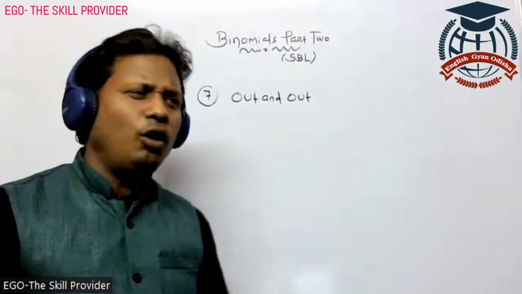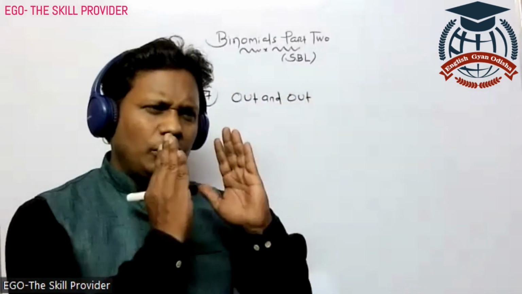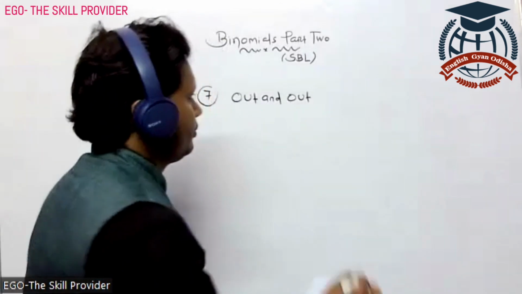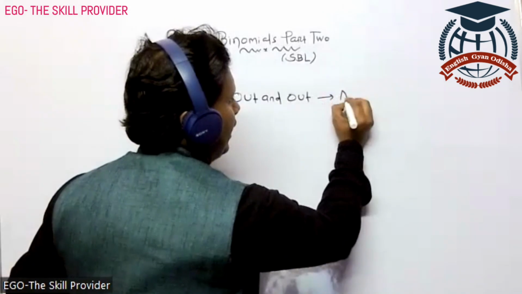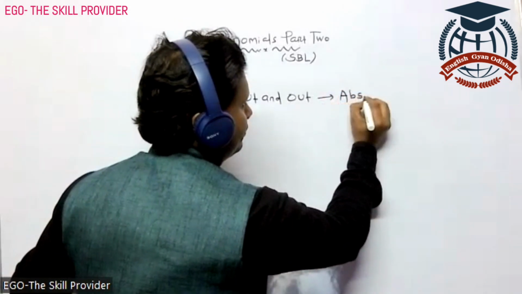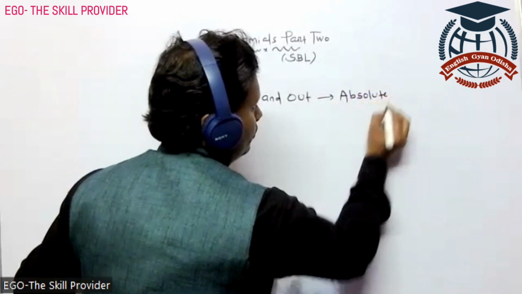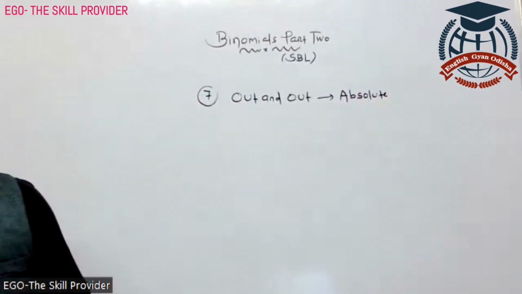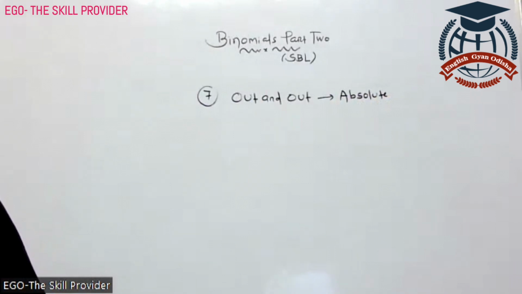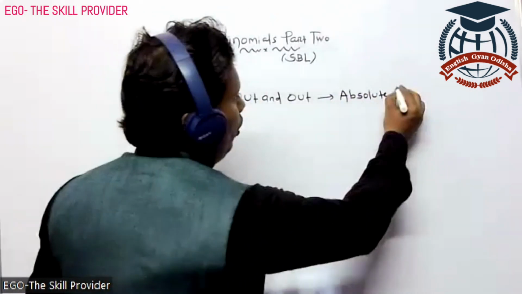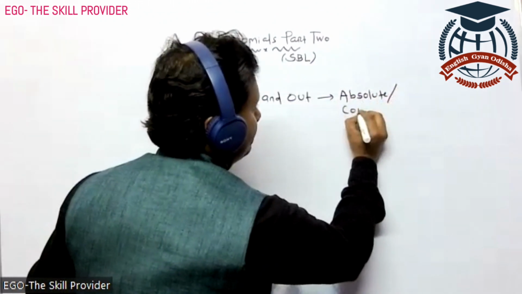So whenever I say out and out, whenever you want to define something as absolute, the meaning is absolute. Or sometimes you can say complete.